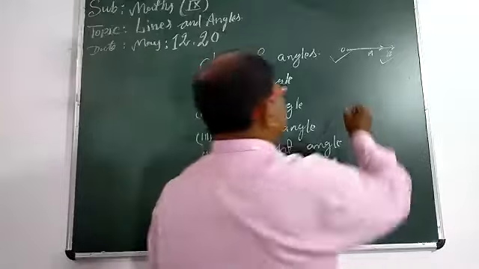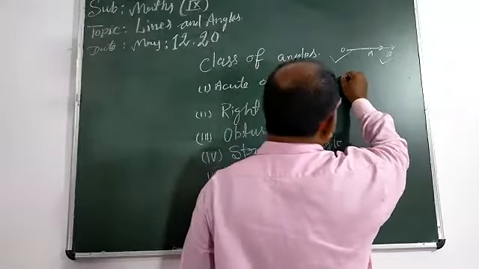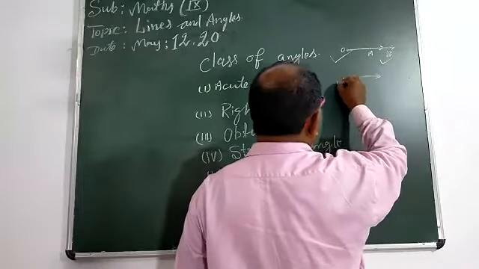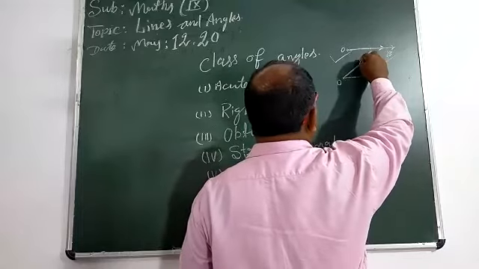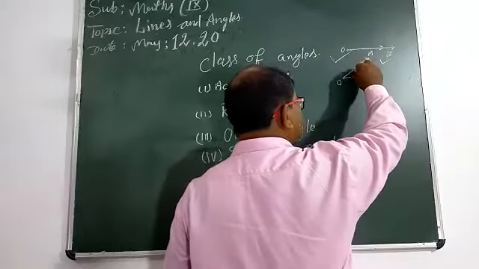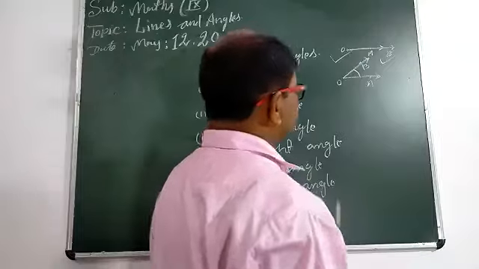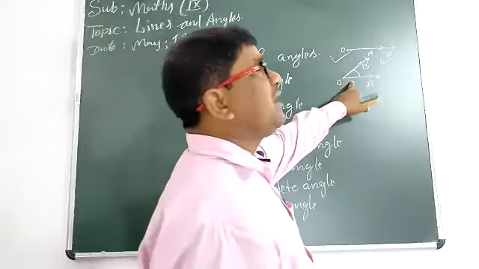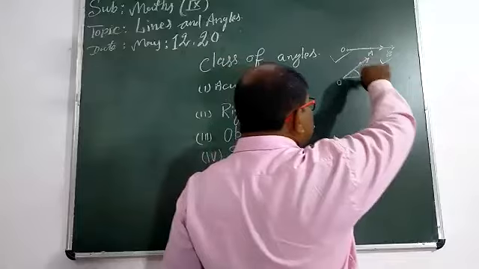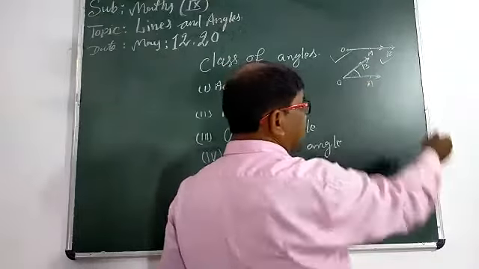Now student, suppose that this is first ray OA, that is second ray OB. Inclination here between these two rays, less than 90 degree.